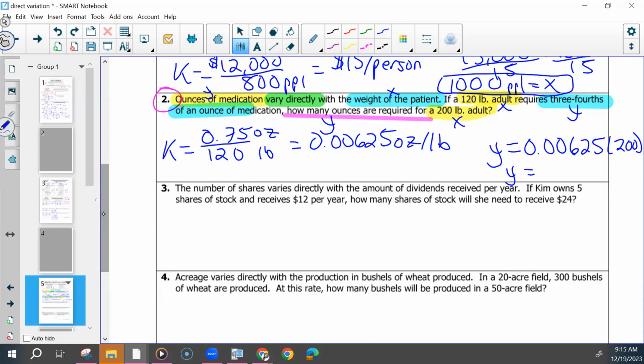One point two five. 1.25 what? Ounces. Does that answer make sense for the amount of medication for a 200-pound adult?